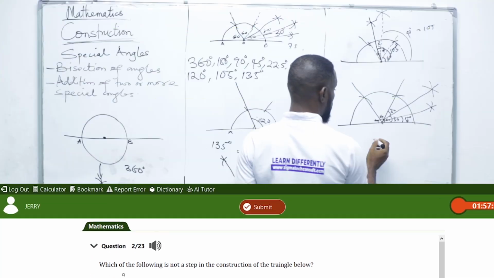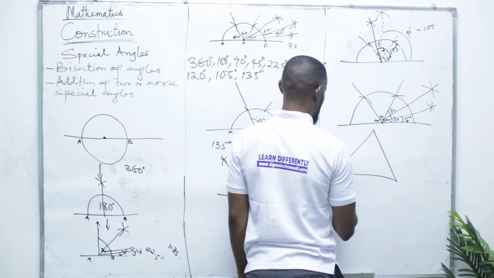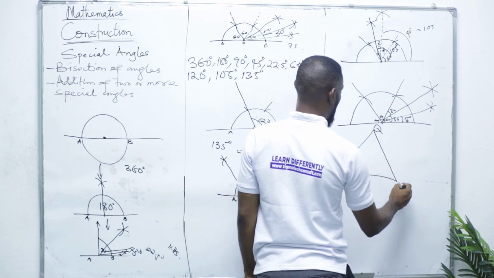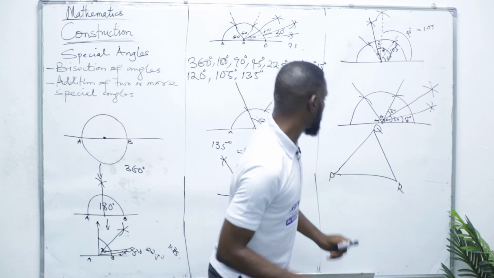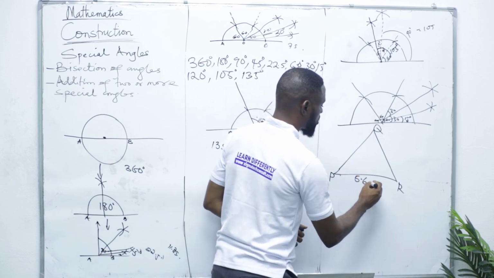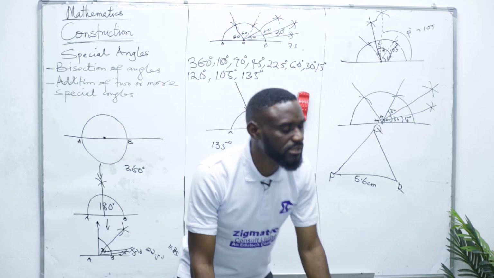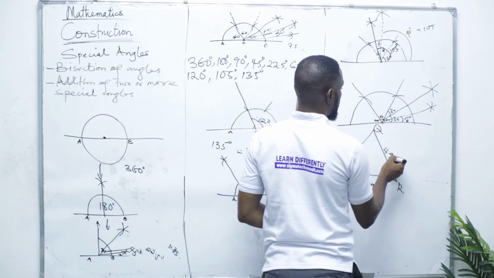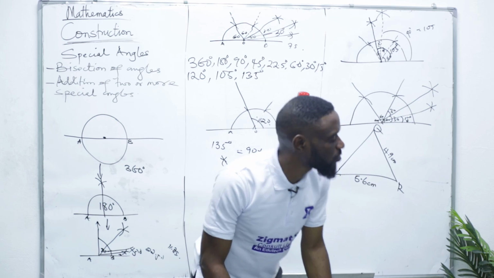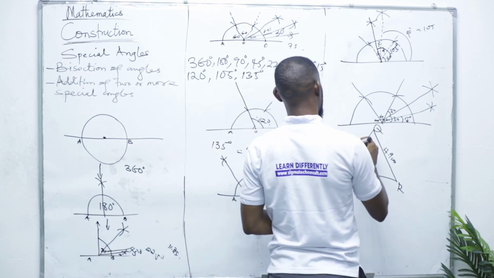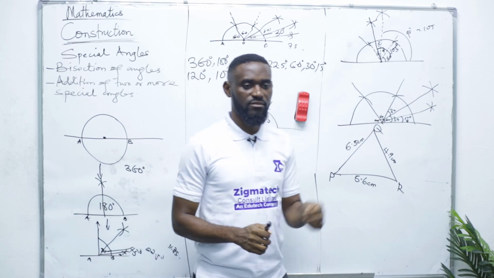This is PQR. Okay? They said PR is 5.6 cm, 4.9 cm for QR, then we have 6.5 cm.